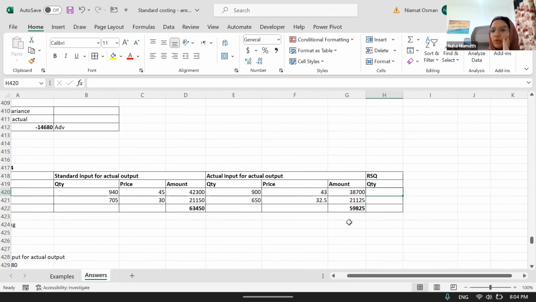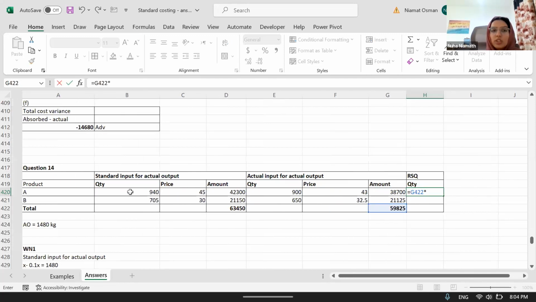Please let me know in the chat box. Standard quantity divided by total standard quantity into total actual quantity. Perfect.